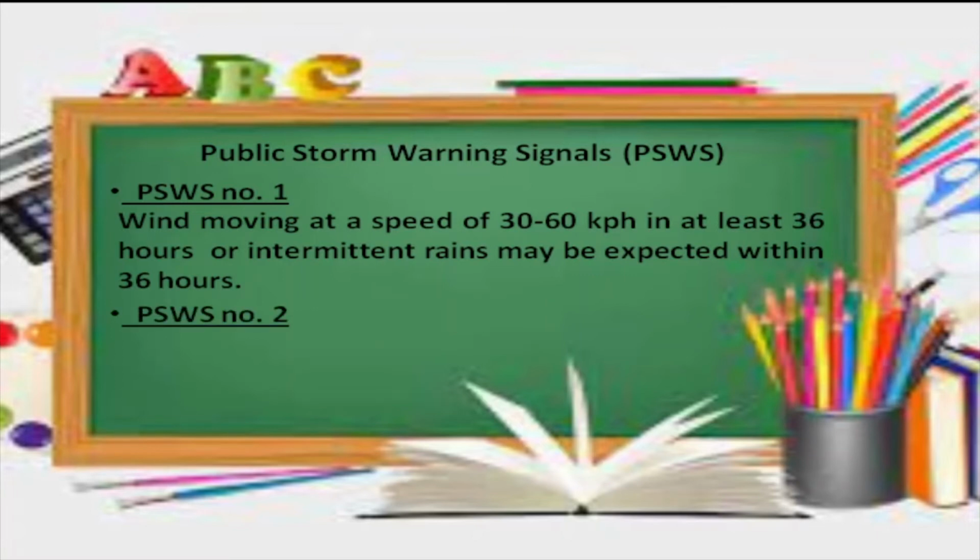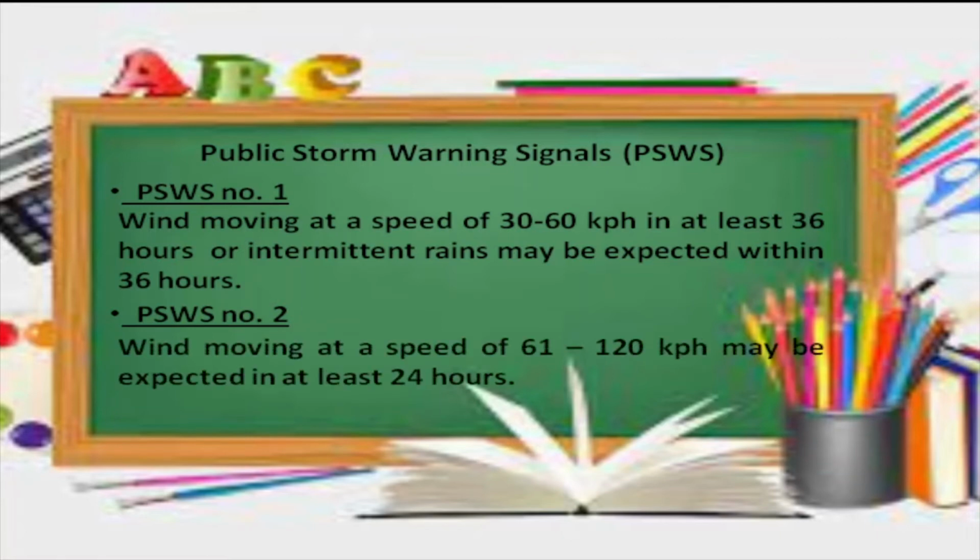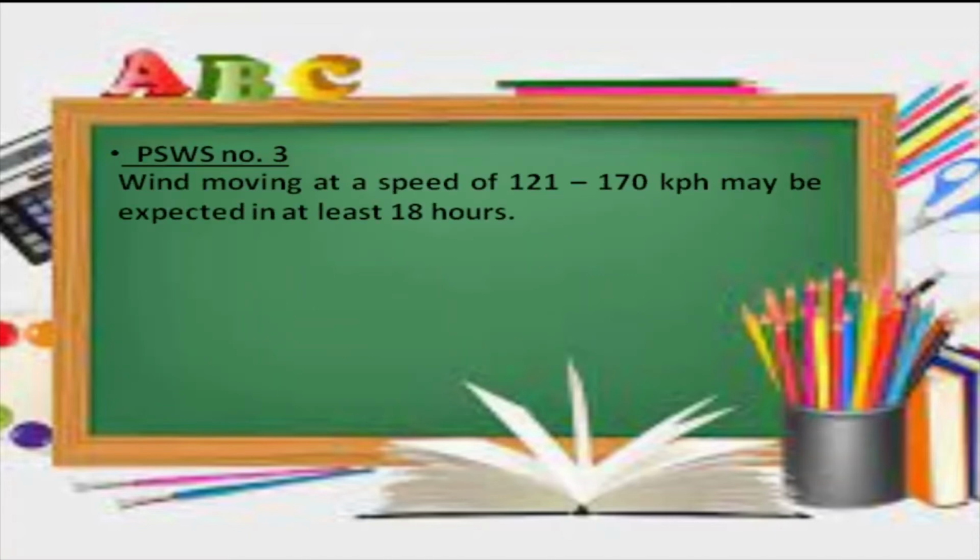The second one is the PSWS number 2. Wind is moving at a speed of 61 to 120 km per hour may be expected in at least 24 hours in your locality. The third one is the PSWS number 3.